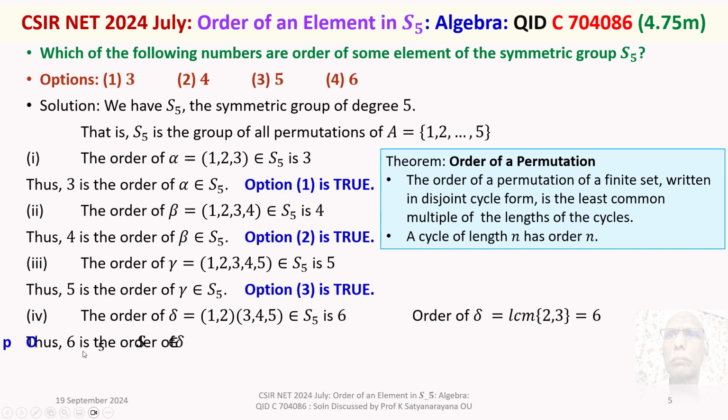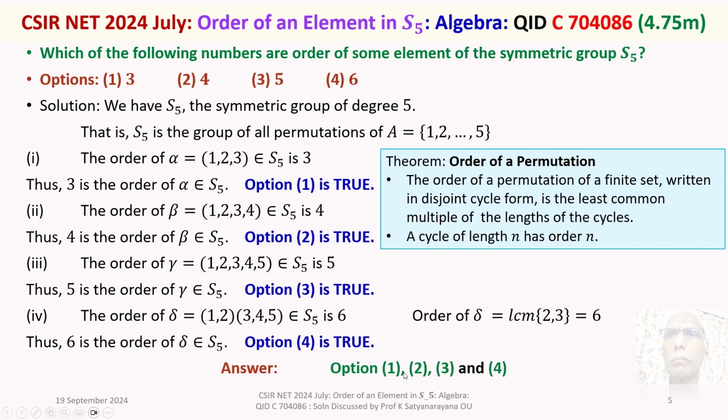Thus, 6 is the order of an element delta belonging to S5. Thus, option 4 is also true. So all 4 options are true in this case. Therefore, the answer to this question is options 1, 2, 3 and 4.